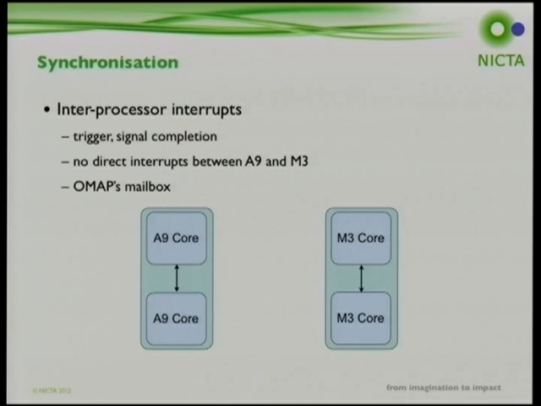So TI provided a mailbox, which is meant for communication between subsystems. It provides a single interrupt line to each subsystem, which is not ideal. We'd prefer to have more than one to each subsystem, but this will do, and we can then forward interrupts around within the subsystem if we need to.